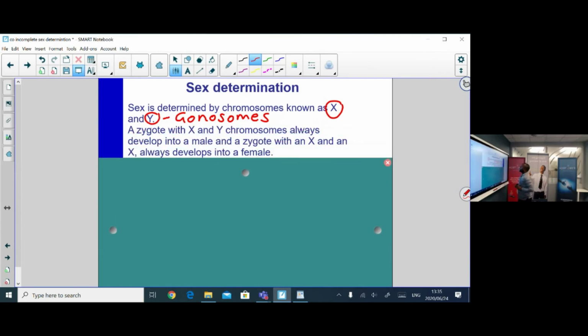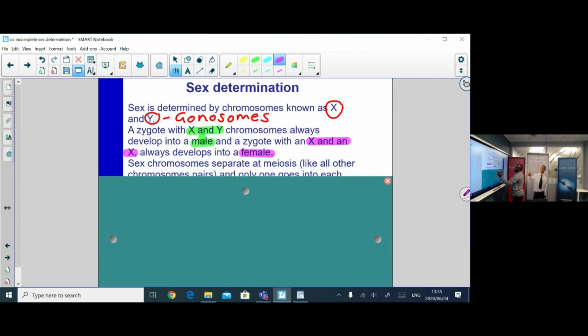All right. Next statement. A zygote with X and Y chromosomes always develops into a male. XY equals male. X and X always female.